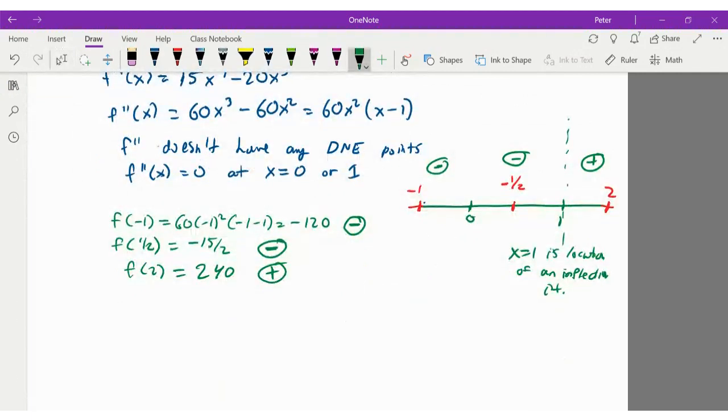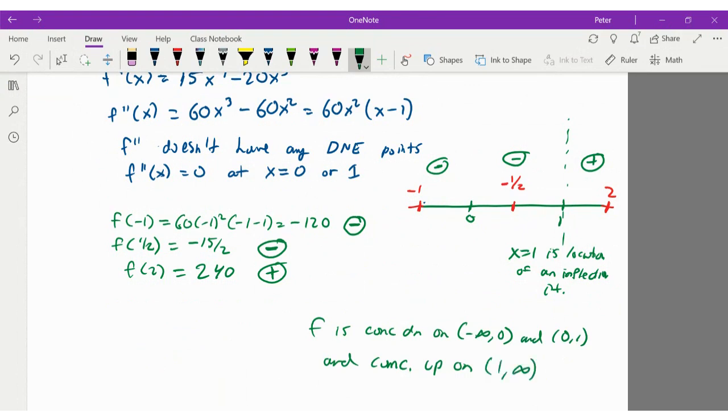And we could also say f is concave down on (negative infinity, 0) and (0, 1), and it's concave up on the interval (1, infinity). x equals 1 is the inflection point.